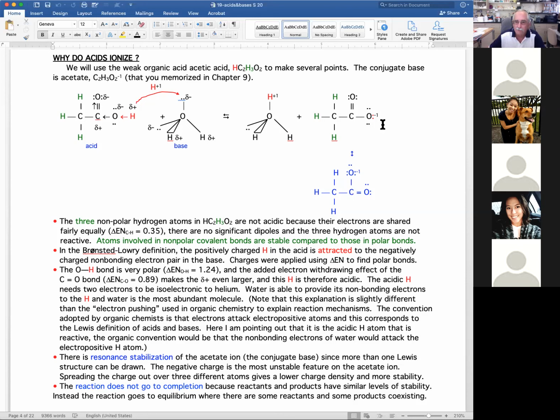So what we'll see oftentimes, why is this an acid? Maybe not so much simply because it wants to get rid of that hydrogen, but also because once it does, there's resonance stabilization, because you can draw different resonance structures.